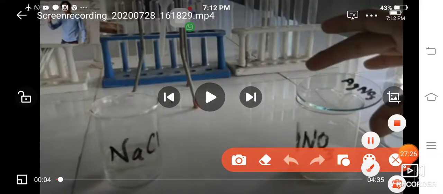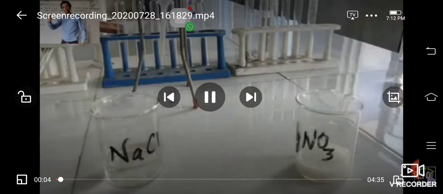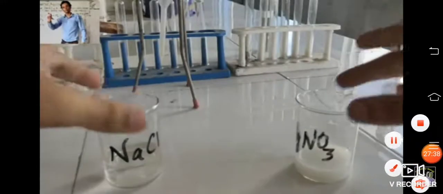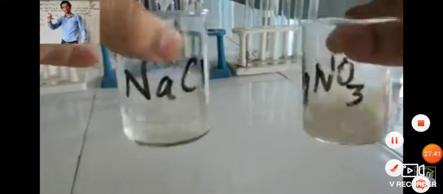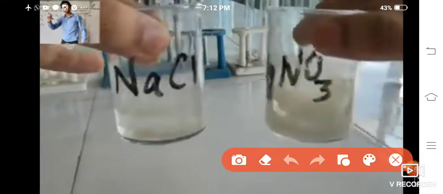See, sodium chloride solution has been taken in one of the beakers, and silver nitrate has been taken in this beaker.